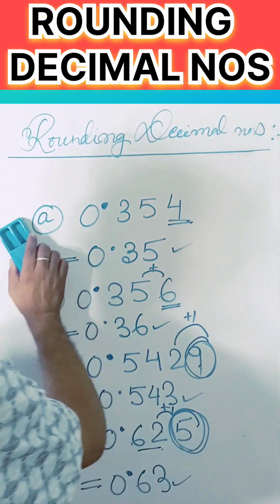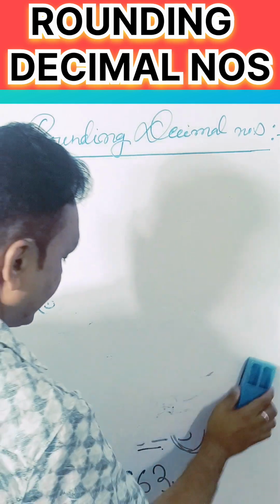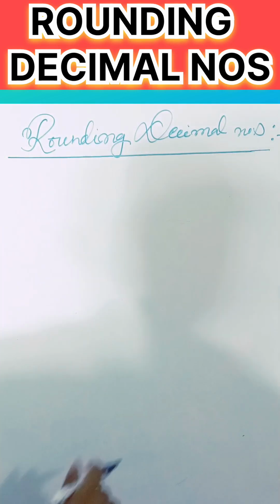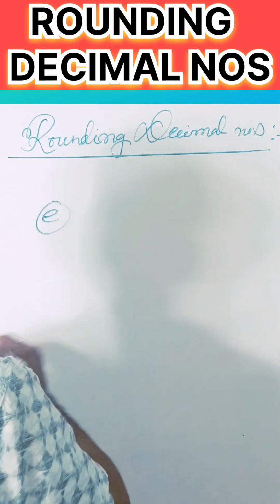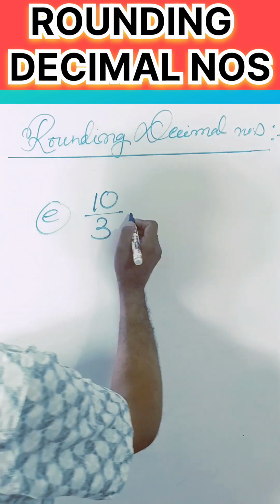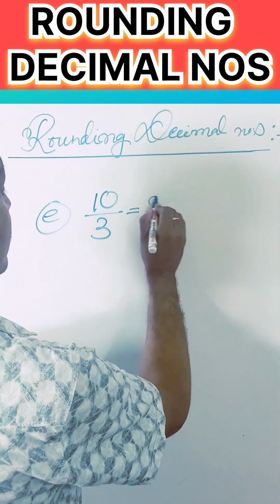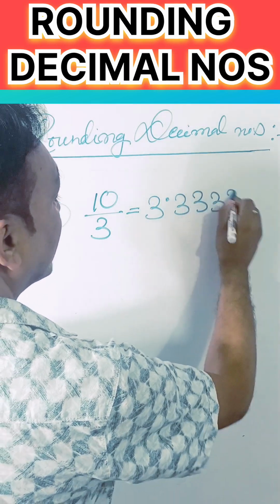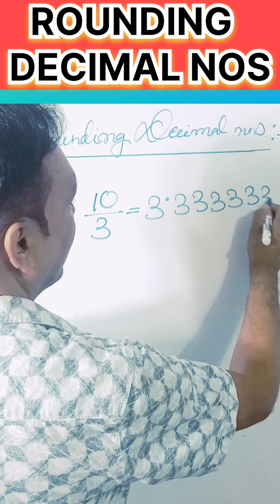So let us check another example. Let's see, I'll take a different one. Take 10 upon 3. If we divide 10 by 3, it will give you 3.33, which is non-terminating but repeating.